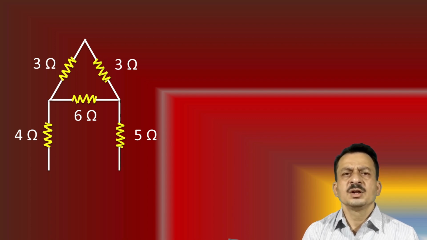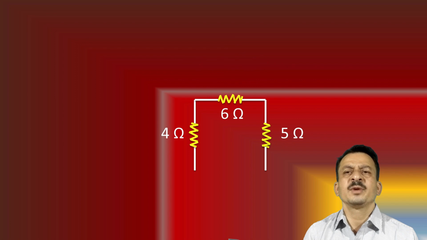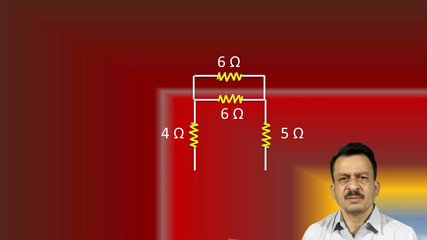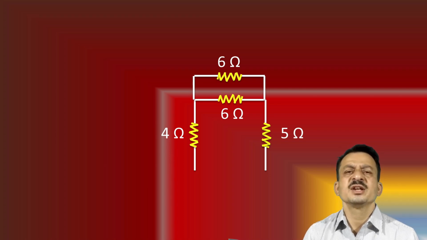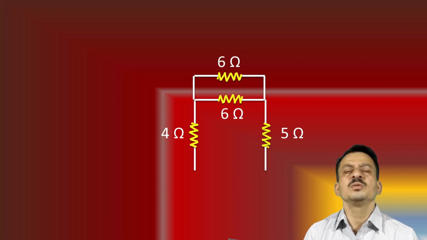The top two 3 ohm resistors are connected in series, therefore we can replace them by their equivalent resistance. They are in series, so their equivalent is 6 ohm. Therefore I will replace those two resistors by a single resistor of 6 ohm. Now look at the diagram. That 6 ohm resistor is in parallel with the other 6 ohm resistor. Since they are in parallel, the effective resistance is Rp = R1 R2 / (R1 + R2).